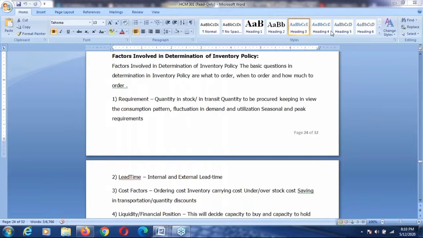Then you want to look at other factors, like location of source, where you can buy or make. Those are some of the things. We have more than 10 points here, so there are many things you can choose as part of the factors involved.